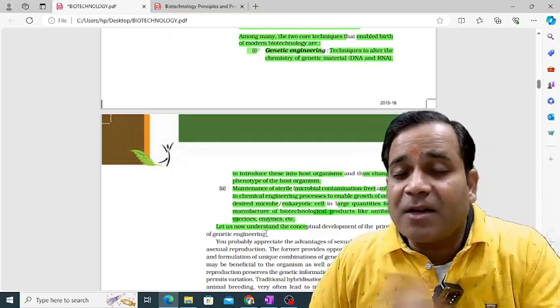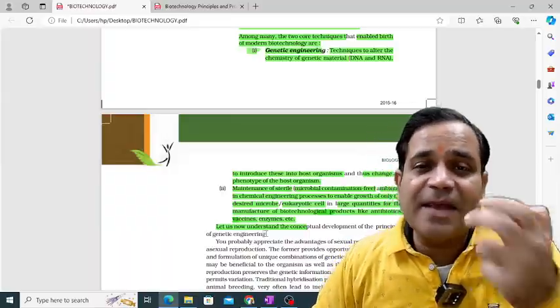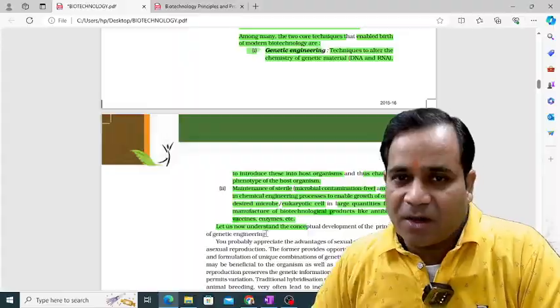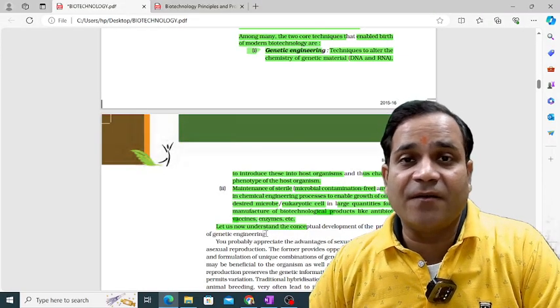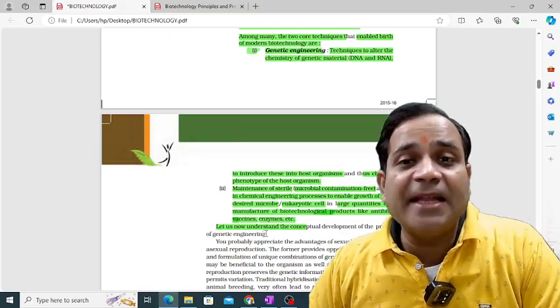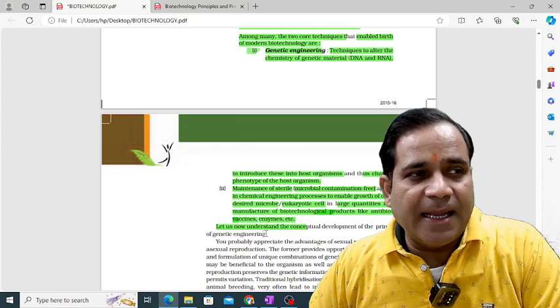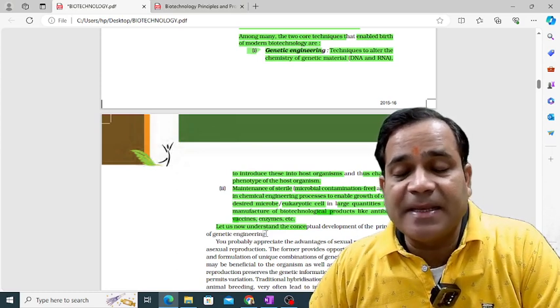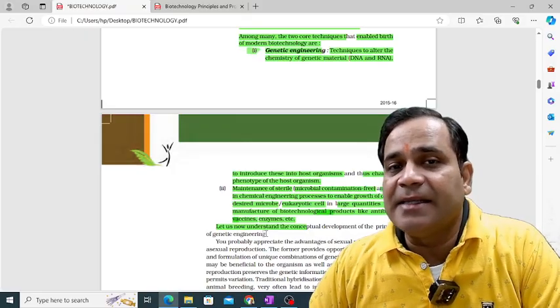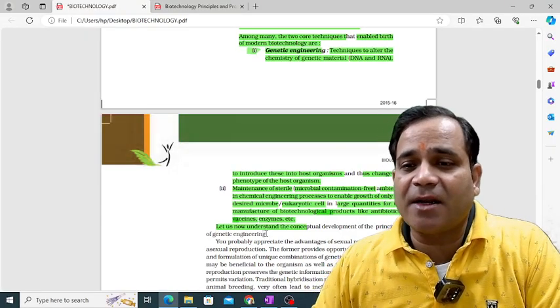Without biotechnology, imagine how antibiotics, vaccines and enzymes would be prepared. Getting my point? Biotechnology plays a very vital role in developing mankind; whatever basic things are required by mankind are fulfilled with the help of biotechnology, my dear.